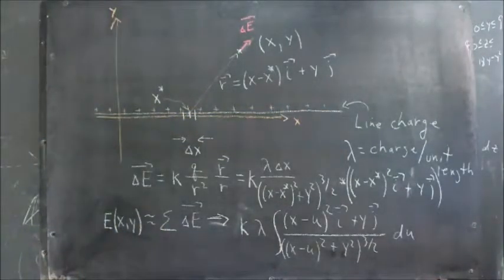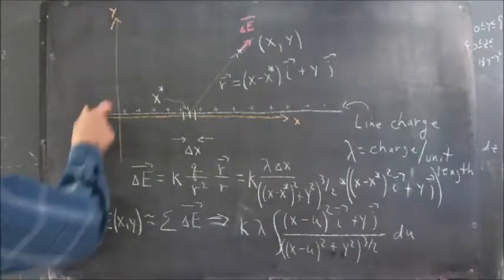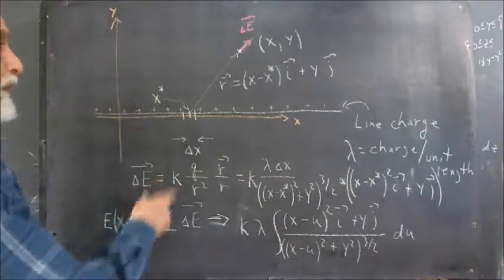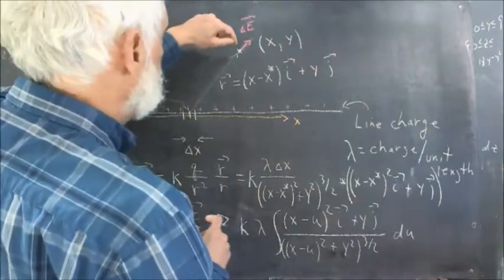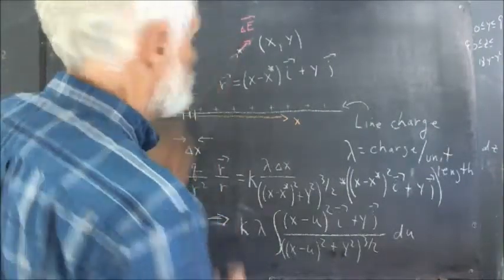Now, to do that, we can think of breaking the line into a bunch of small segments, and each segment is going to create a contribution to the electric field.